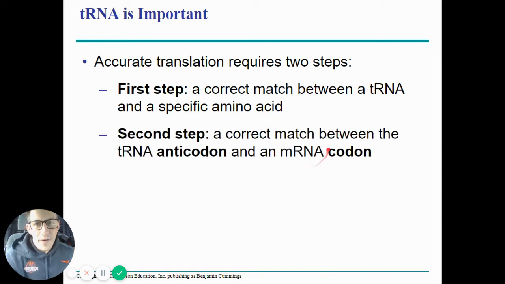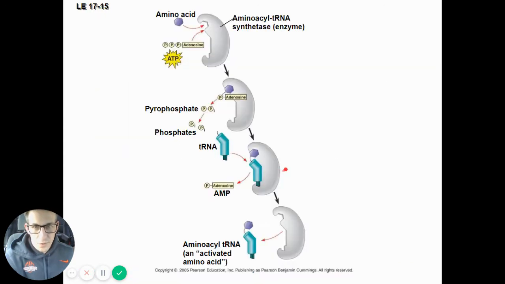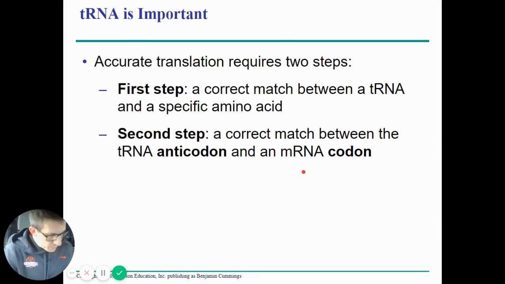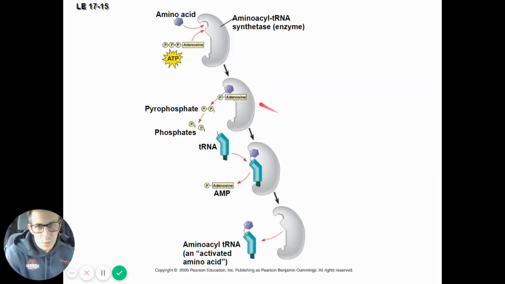Okay, the second step is you need the correct match between the tRNA anticodon and the mRNA codon. This first picture right here goes with the first step that we saw previously, showing the correct matching between the tRNA and the specific amino acid. We're not going to go through these steps, but it shows you that it entails using an enzyme.